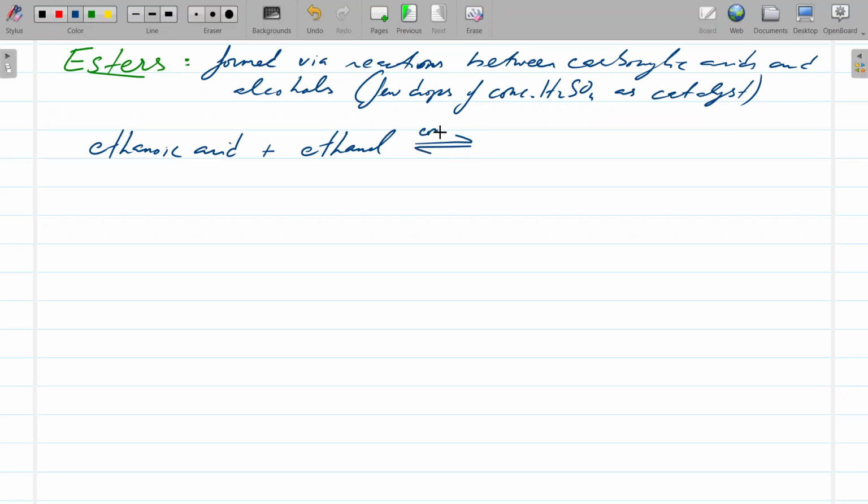And you've got concentrated H2SO4, so that's a catalyst. And what you're getting in this case is ethyl ethanoate, which is the ester, and water.